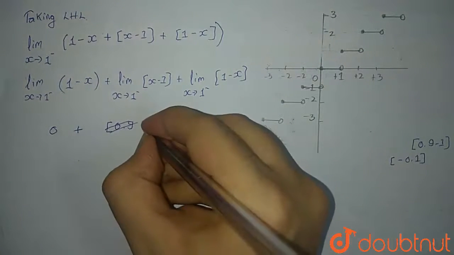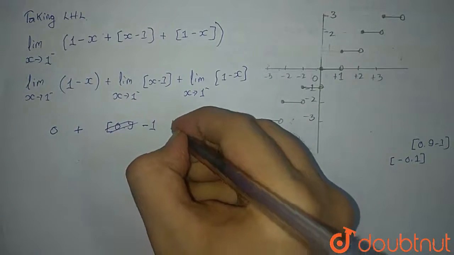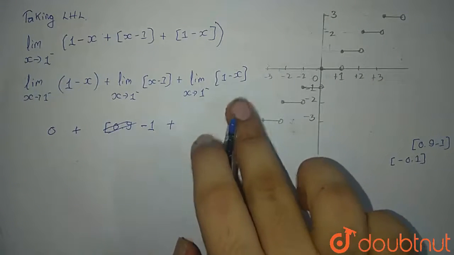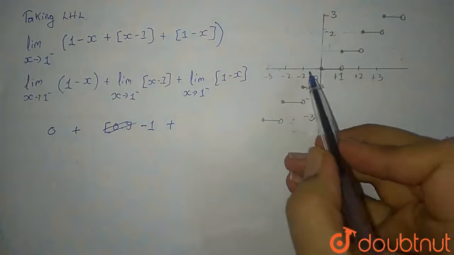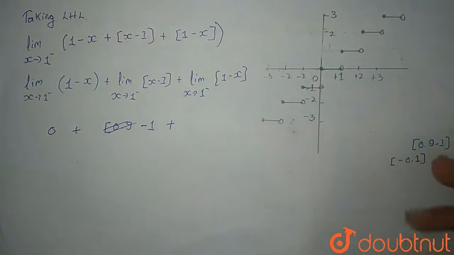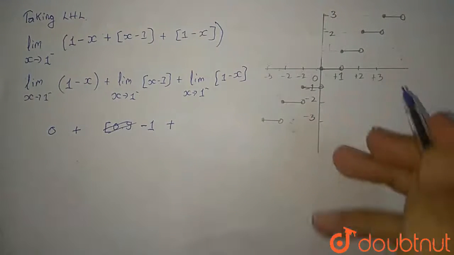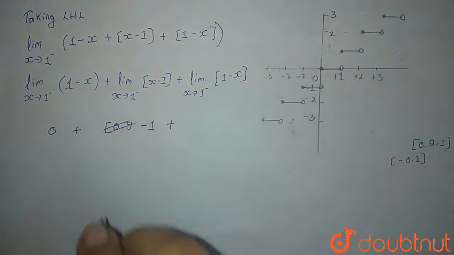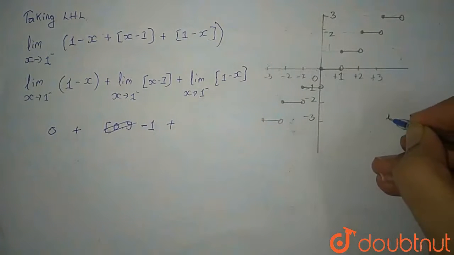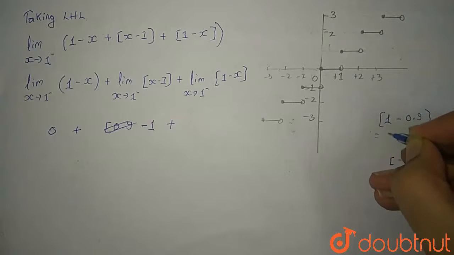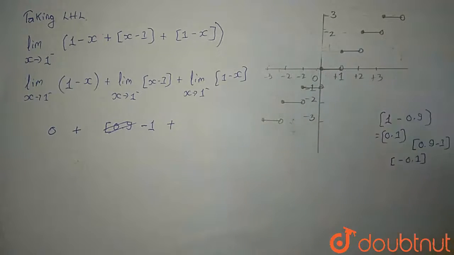So this will be minus 1. Plus, now greatest integer of 1 minus x. Let me put the x value again, 0.9. So 1 minus 0.9 gives us 0.1's greatest integer, and 0.1's greatest integer is 0. So it will be 0.